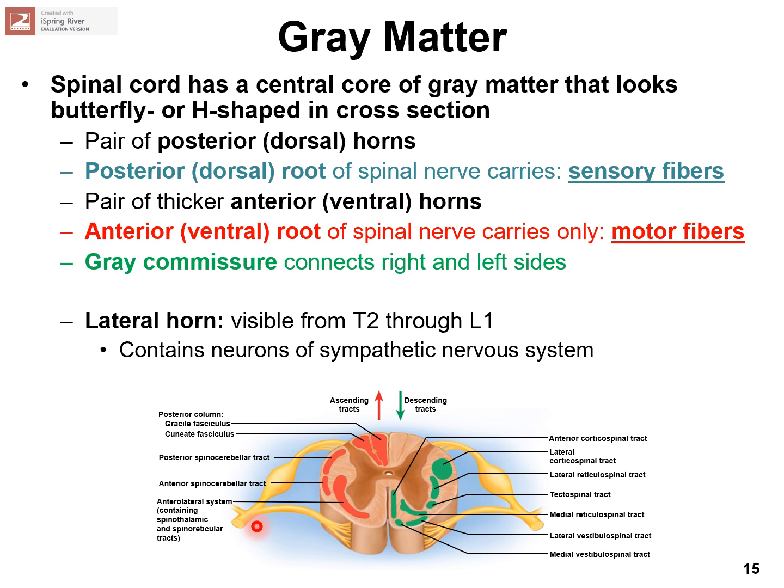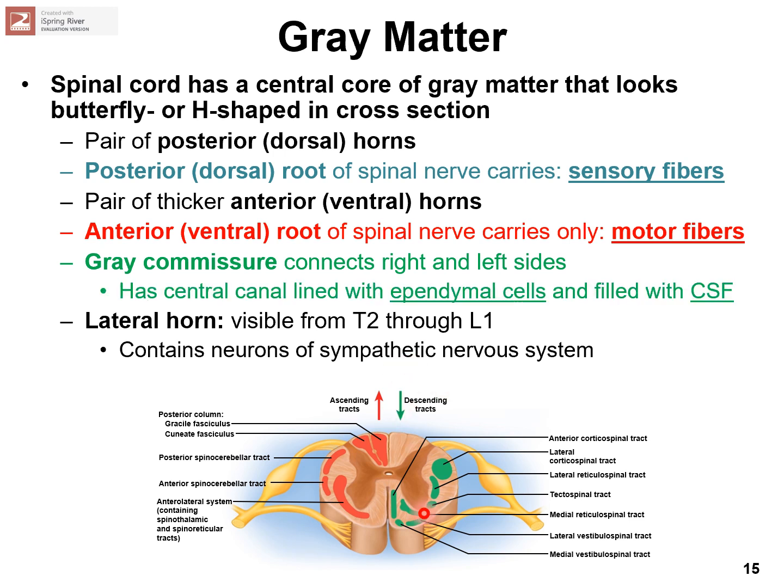Now, the anterior root of the spinal nerves always only carries motor fibers. The motor fibers exit the spinal cord via the anterior horn and the anterior column. Okay, and the information to the anterior horn is brought down from the brain through descending tracts.